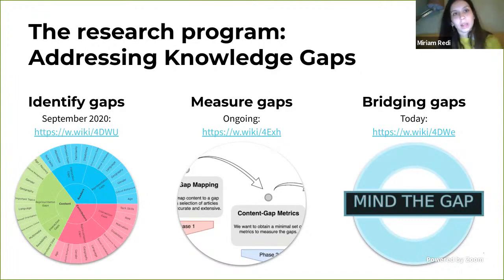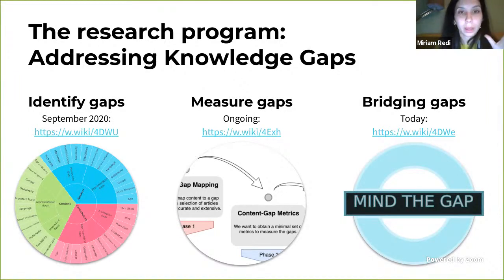The first one is about identifying the gaps, so even defining what are the inequalities that we are trying to bridge. To this end, we developed in September 2020 a taxonomy of knowledge gaps that collects the definition of all possible knowledge gaps in Wikimedia projects across 3 main pillars of our projects: content, readers, and contributors.